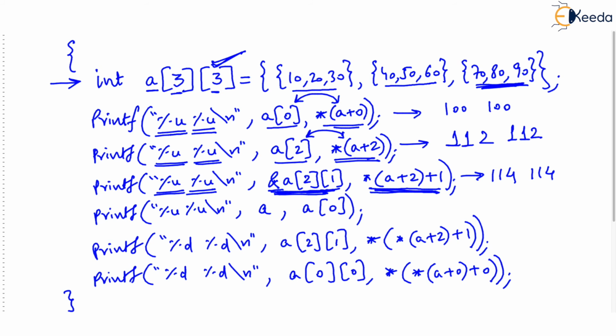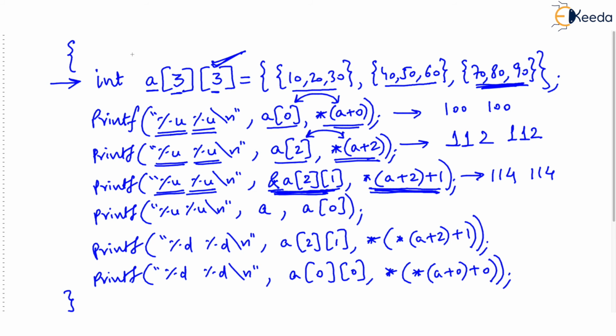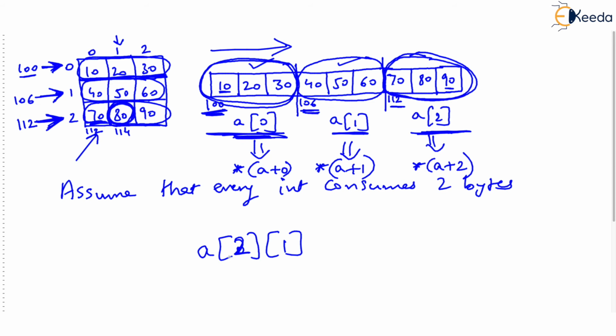Yes, we saw it in the earlier video. If you are writing A21, what did we write? Let me refer. Yeah, A21, and the address of this. Now, how do you write A2? A2 is written as *(A+2).